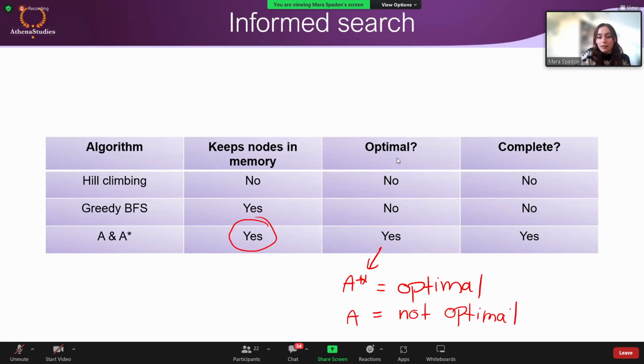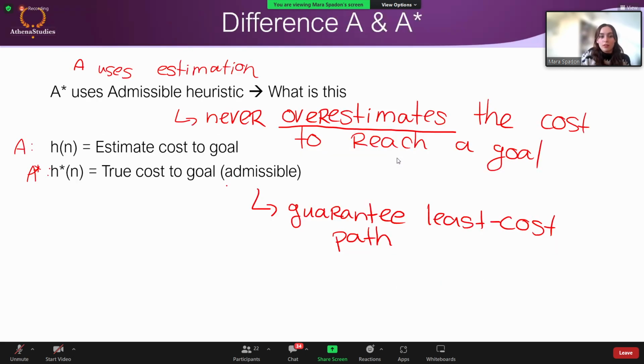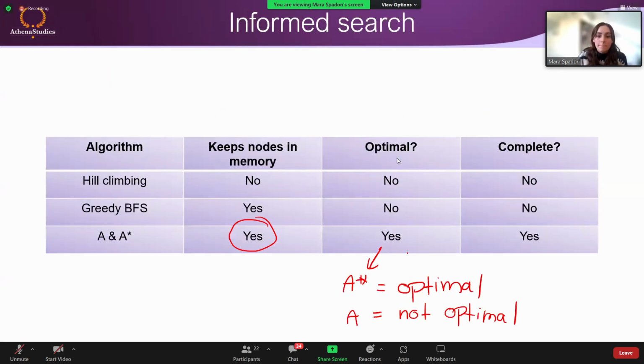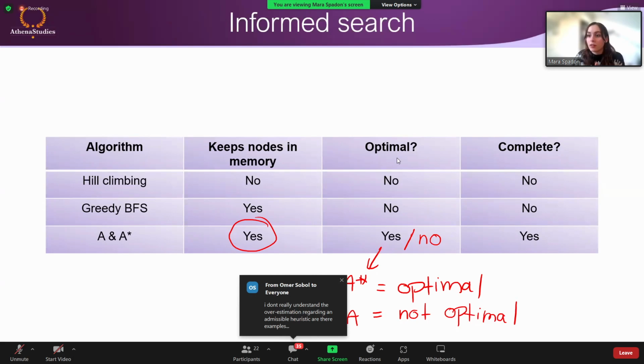And why? Again, because of the difference that A star uses an admissible heuristic, such that it will find the optimal path, right? So A star optimal, A search not optimal. Does that make sense for everyone what an admissible heuristic is and why we have this difference?